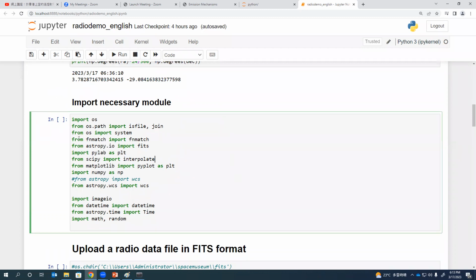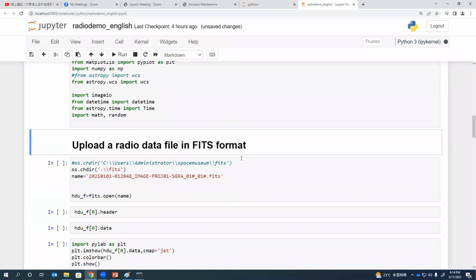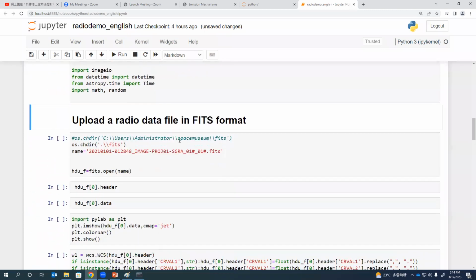For these code lines, 1, 2, 3, 4 up to 14, we introduce NumPy and AstroPy into our program. We import them and press Shift Enter, and now we have imported the necessary modules already.